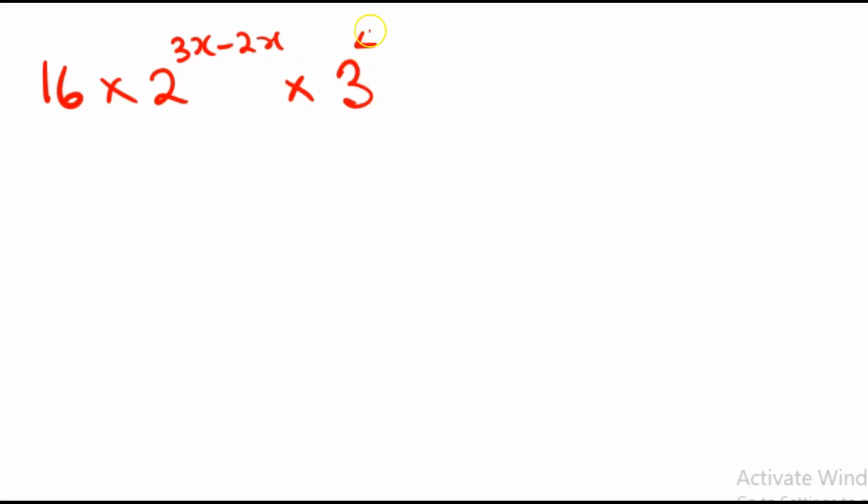So we are going to have on the left hand side 16 times 2 raised to the power 3x minus 2x times 3 raised to the power 4x minus 3x, which is equal to, on the right hand side, we are left with 81.